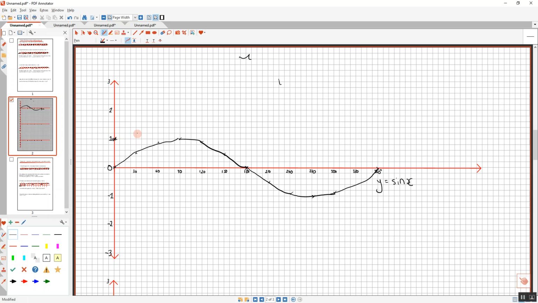The next one is going to be at 1.5. Then 1.87. And 2. And then it's going to come back down again.